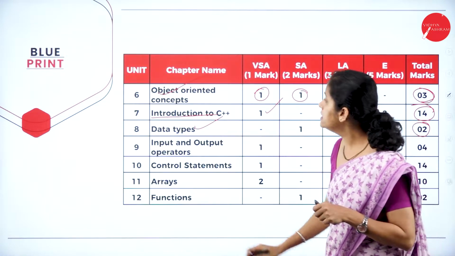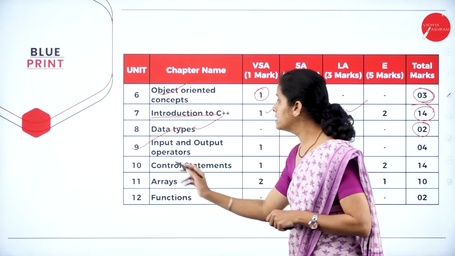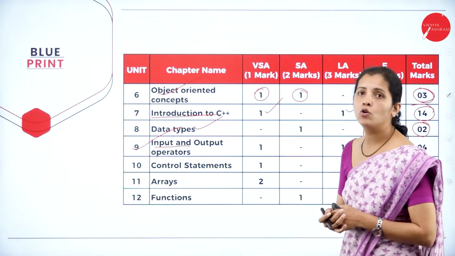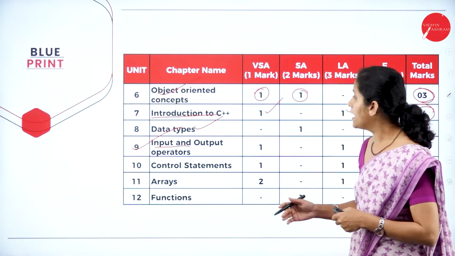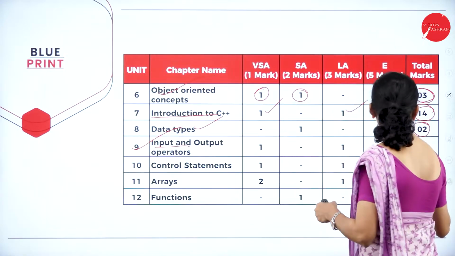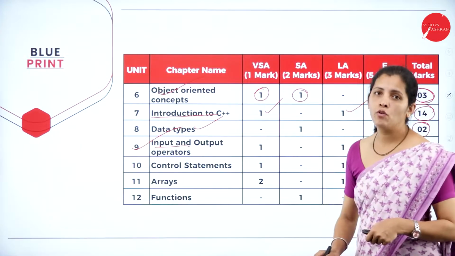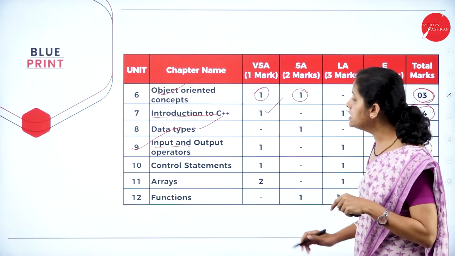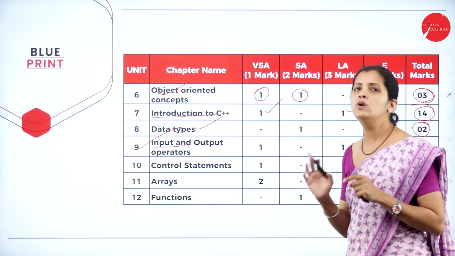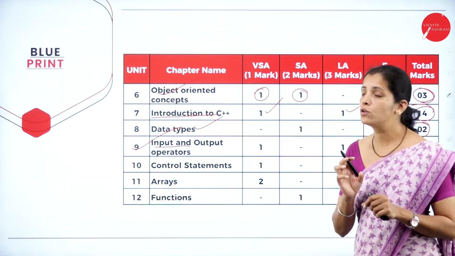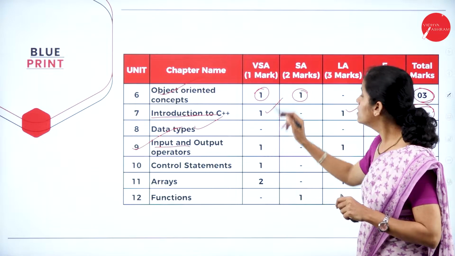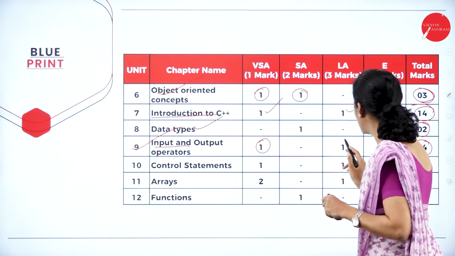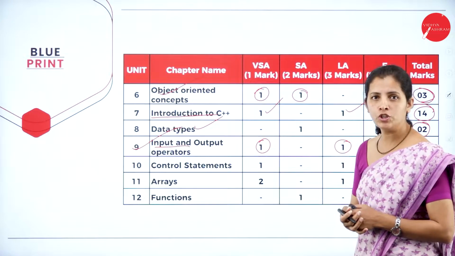And chapter 9 is input and output operator. The weightage here is only 4 marks, so if I study this chapter, I can score only 4 marks. That is one 1-mark question and one 3-mark question.